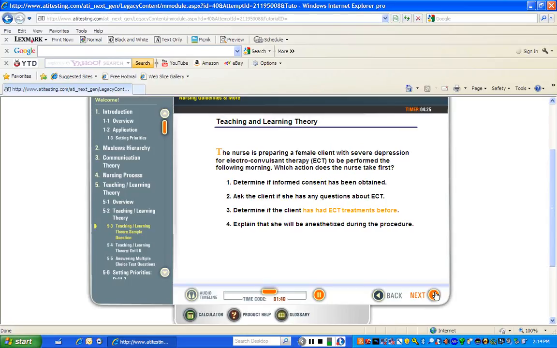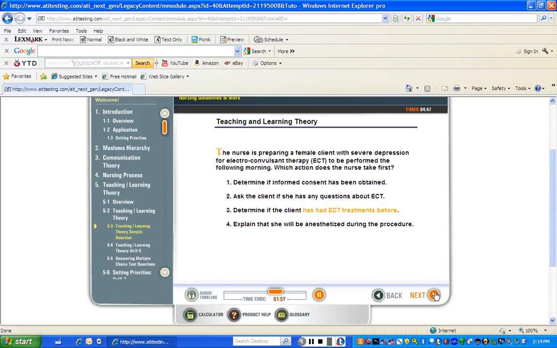If you ask the client this question, she is likely to say no, or even more likely to simply shake her head no. This question should be asked, but at the end of the teaching, to evaluate the effectiveness of the teaching. Remember that at the termination of any teaching session, the client should always be asked if they have any questions.